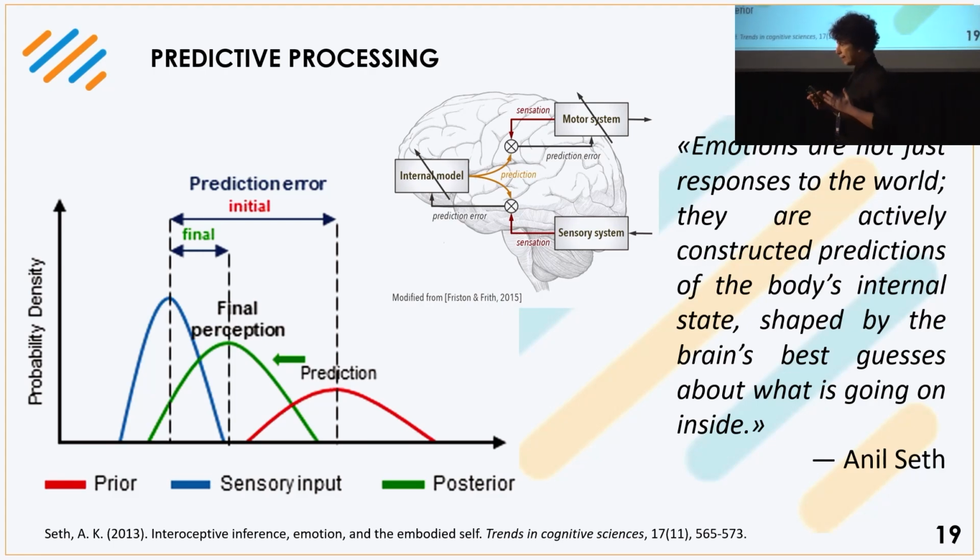So there is some kind of mediation between external perception of the environment, and proprioception, perception of the inside of the body.